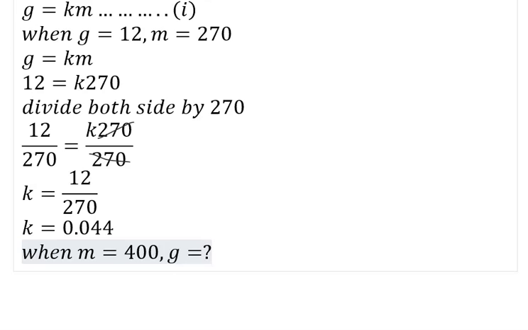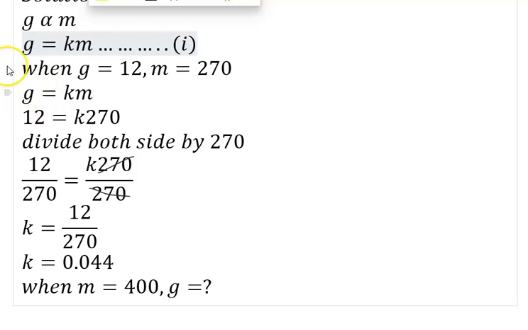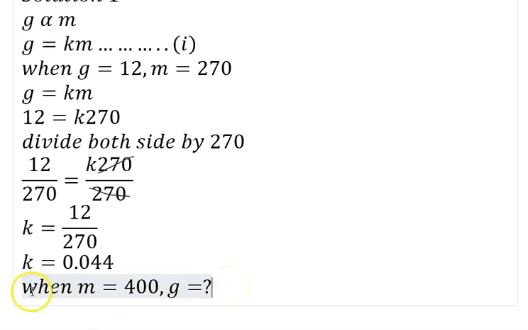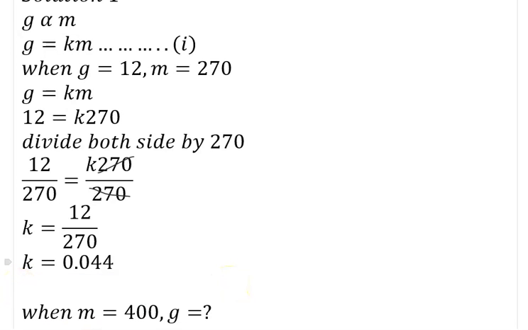Awesome. So we are still going to make use of our equation 1. So when M is 400 miles, we have to look for how many gallons.